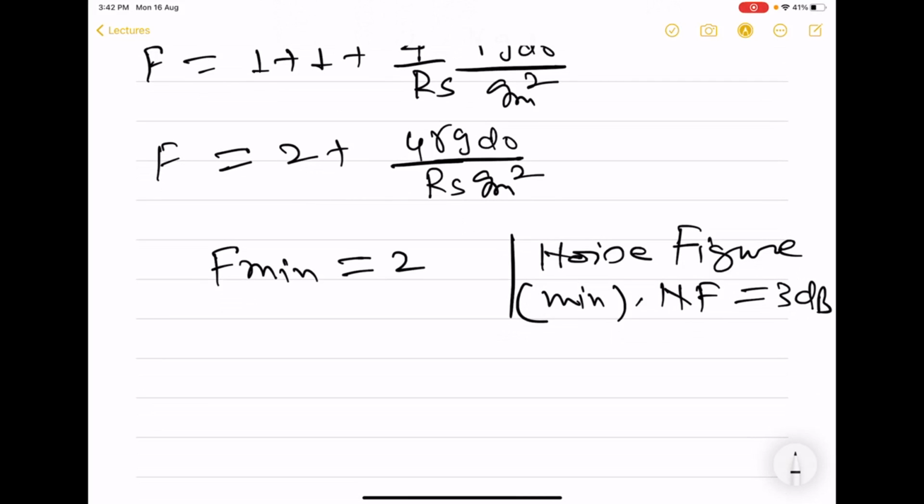So for resistively terminated, F is always going to be greater or equal to 2, and noise figure is always going to be greater or equal to 3 dB.